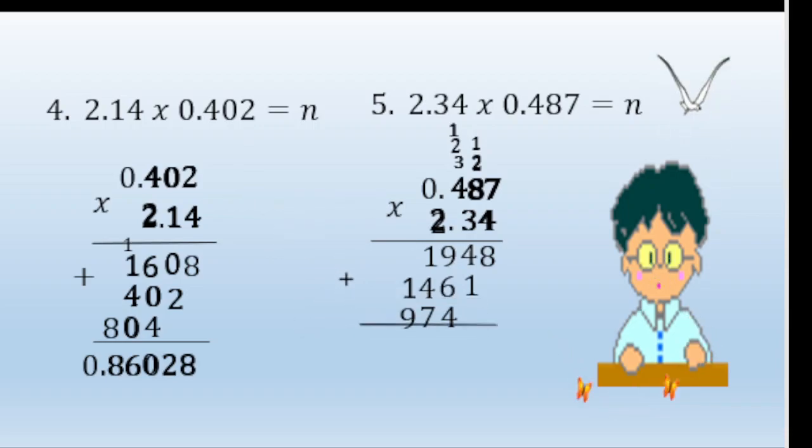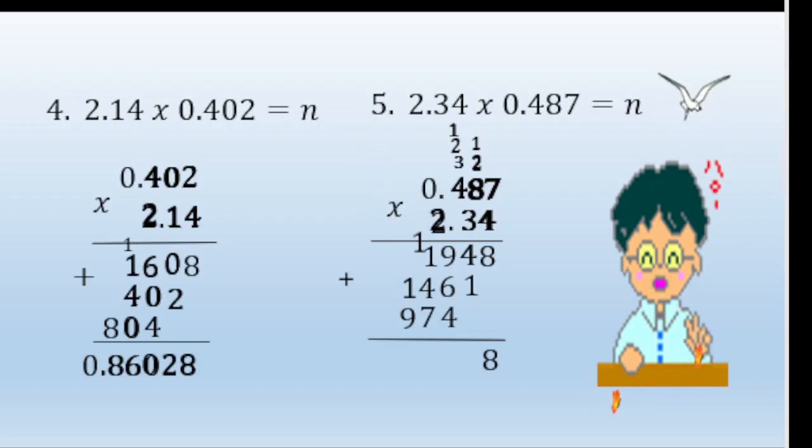Bring down 8. Then 4 plus 1 is 5. 9 plus 6 is 15. Plus 4 is 19. Carry 1. Plus 1 is 2. Plus 4 is 6. Plus 7 is 13. Carry 1.